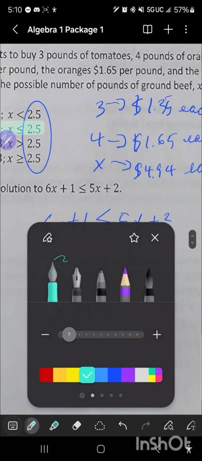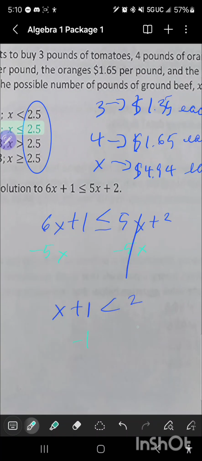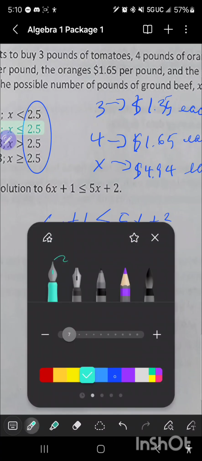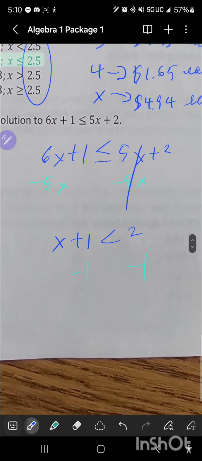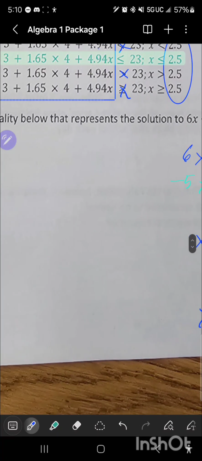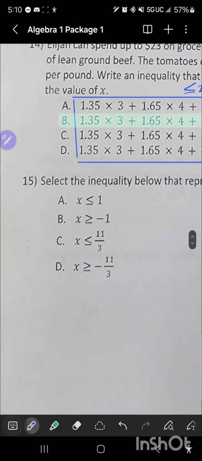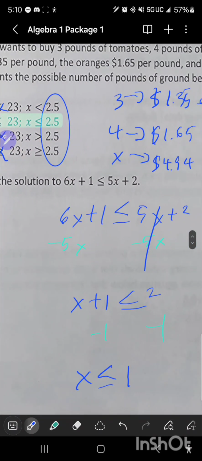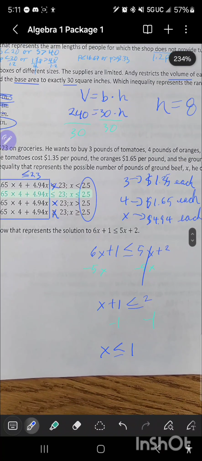So now I take out 1 from each side, and I get that x is less than or equal to 1. And as I say here, I see my answer right here. And that's it.